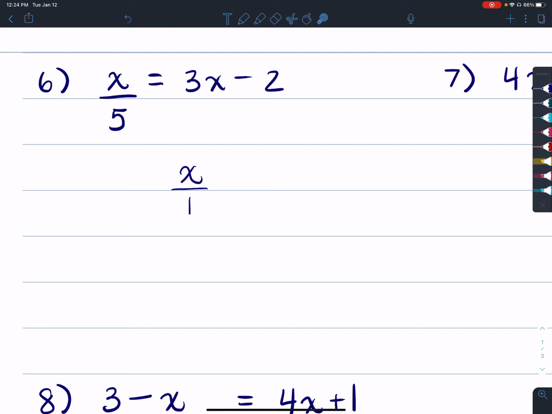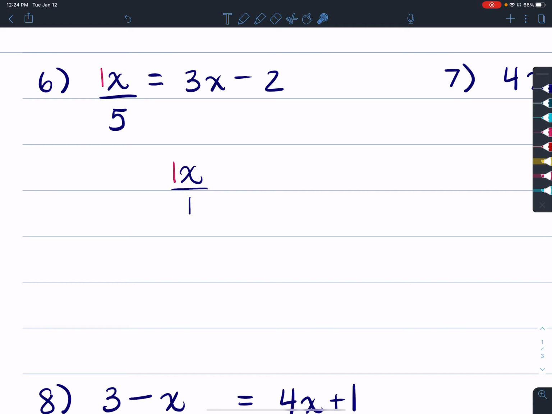And remember that if we don't have a coefficient written at the front, then it's always 1. So in the situation where you have 1 over 1, that means I have one piece and it's the size of 1. I have not cut it up.